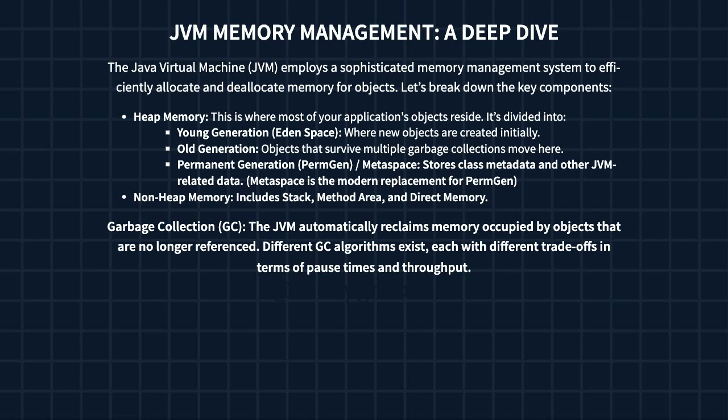Outside of that, you've got the stack, method area, and direct memory, all important but smaller. The really cool part is garbage collection. The JVM automatically cleans up unused memory, so we don't have to worry about manually managing it. There are different ways the JVM does this, each with its own strengths and weaknesses.